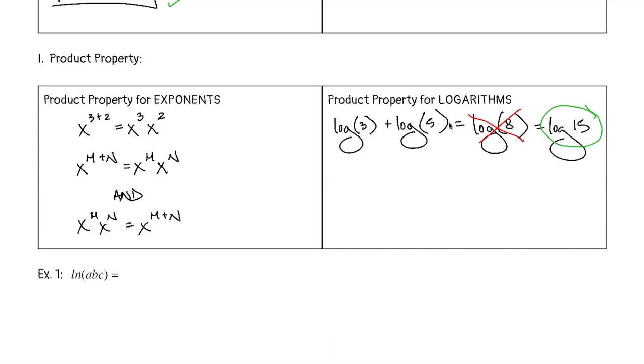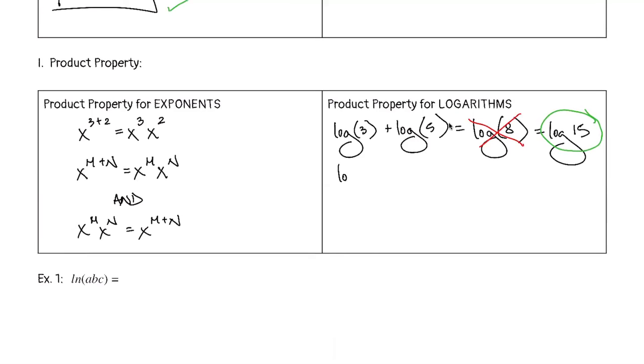What that means is that our product property for logs is log base b of m, plus log base b of n equals log base b of m times n.